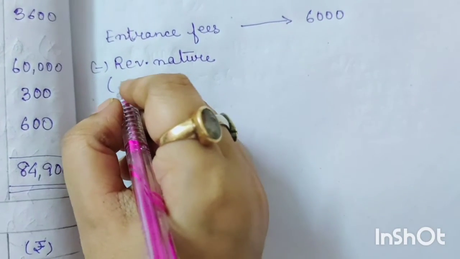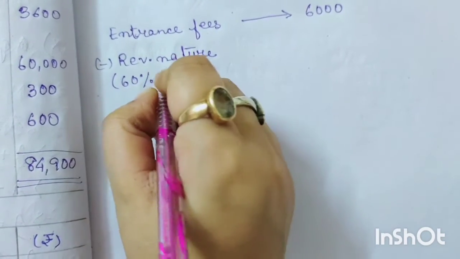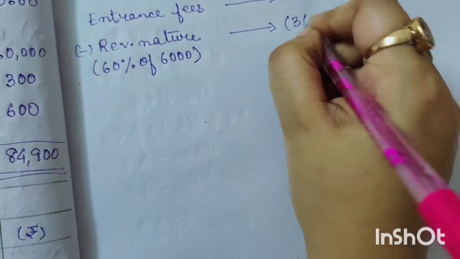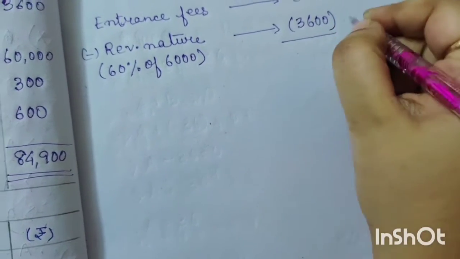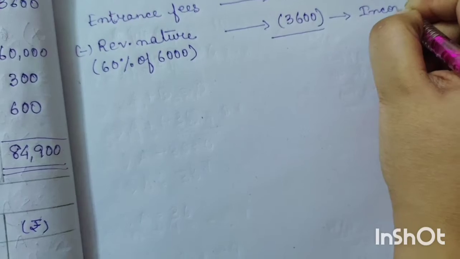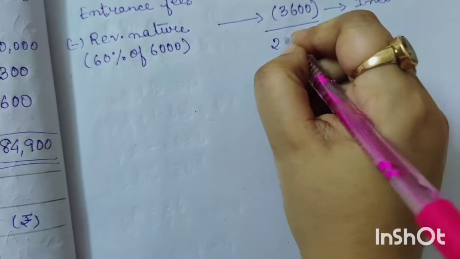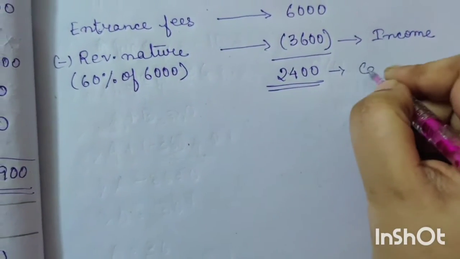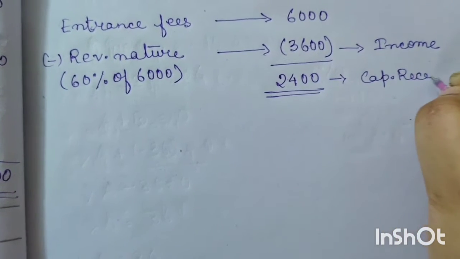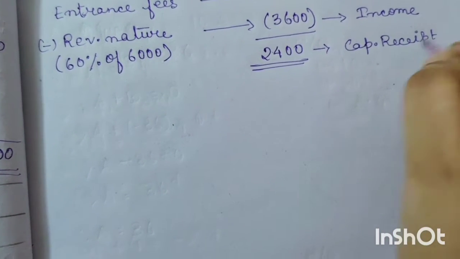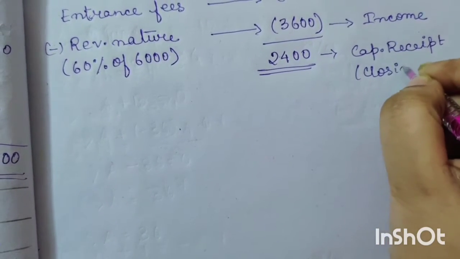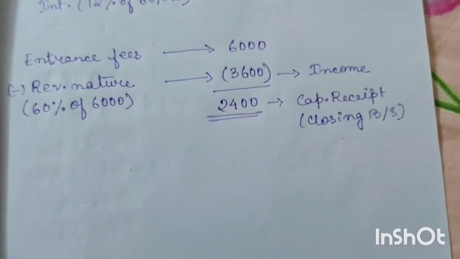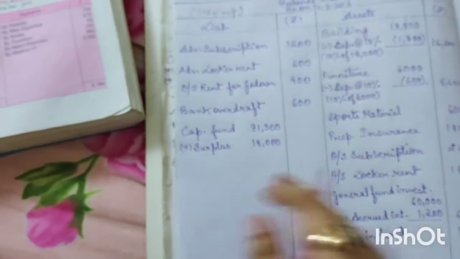So less 60% of 6,000, which is 3,600. This 3,600 will go in the income side, and how much is remaining? 2,400. This 2,400 will be treated as capital received and will go in the closing balance sheet.